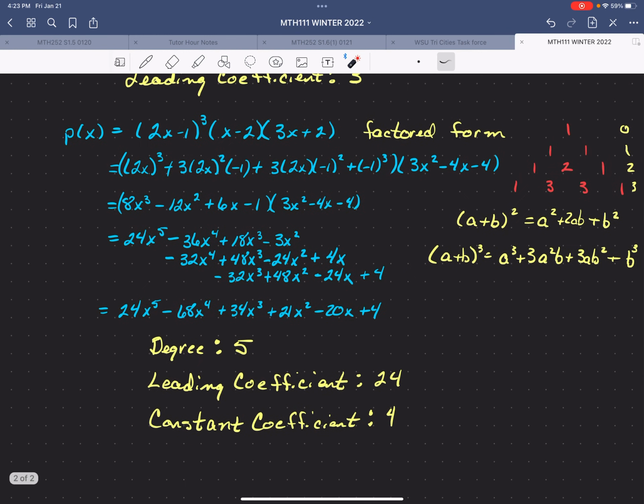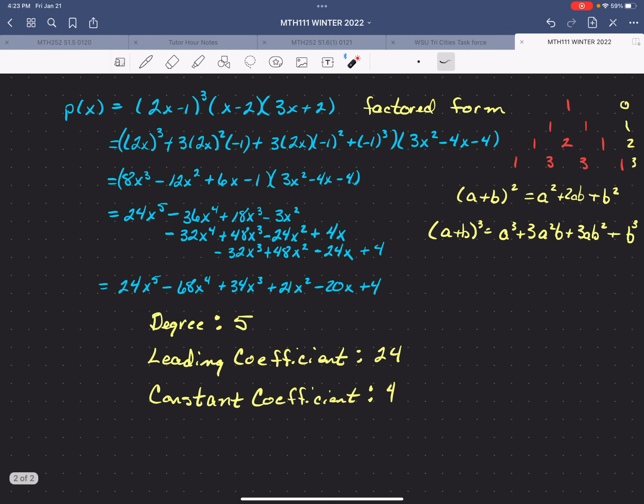Here's the easy way. Start back up where we started. And notice I've got a 3 and a 1 and a 1. 3 plus 1 plus 1 equals 5. So if I add up these exponents in factored form, I get 5. I get the degree. And let's think about where this 24 came from.